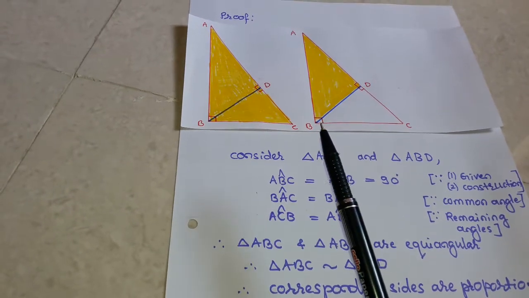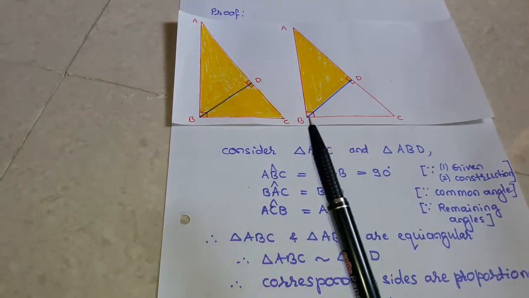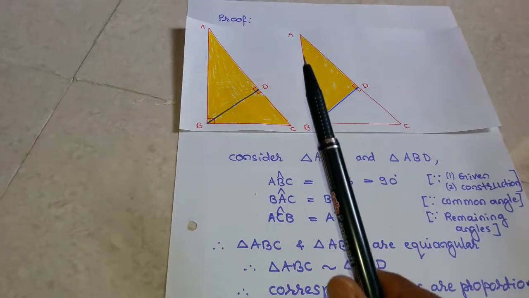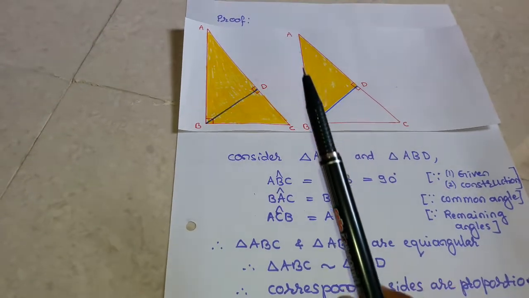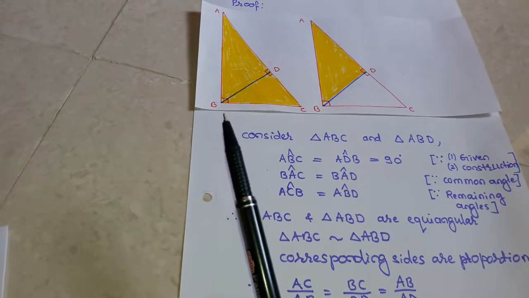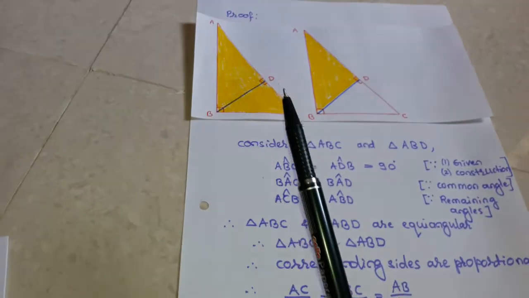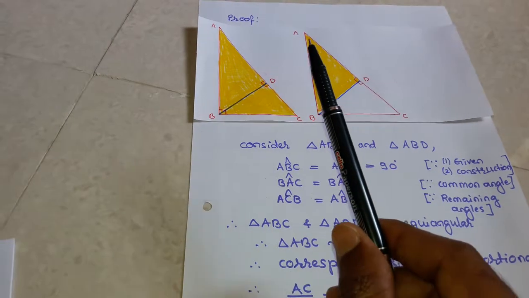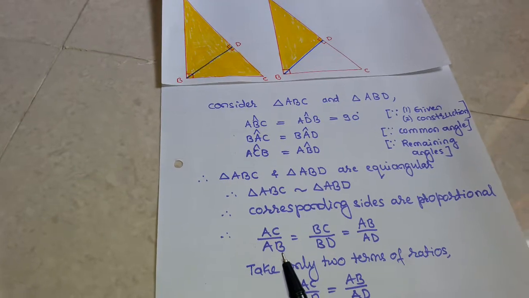The full angle B, ABC belonging to the bigger triangle is 90 degrees. The actual, complete 90 degrees that belongs to triangle ABD is here. Opposite of the 90 degrees angle is here, AB. So below AC we have AB. So the 90 degrees angle in the bigger triangle is B, opposite of that is AC, and here is 90 degrees in the smaller triangle, opposite of that is AB. So AC and AB are in a ratio.